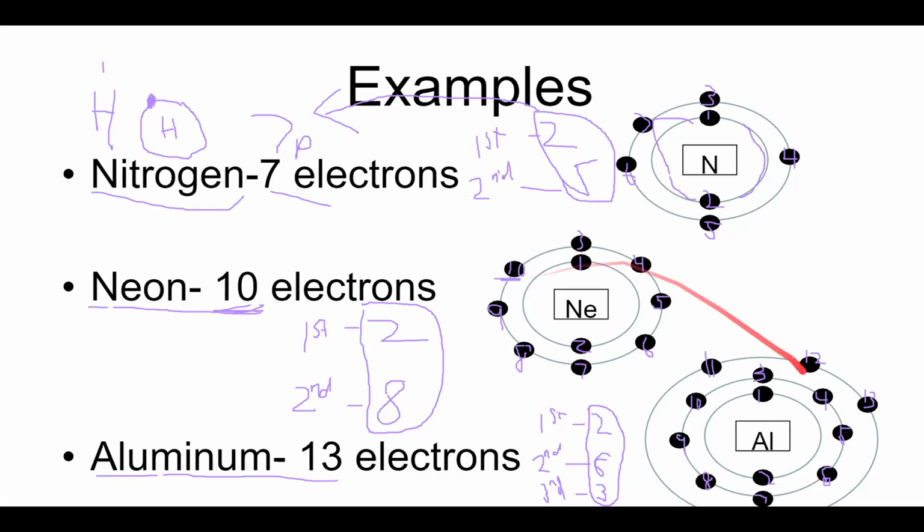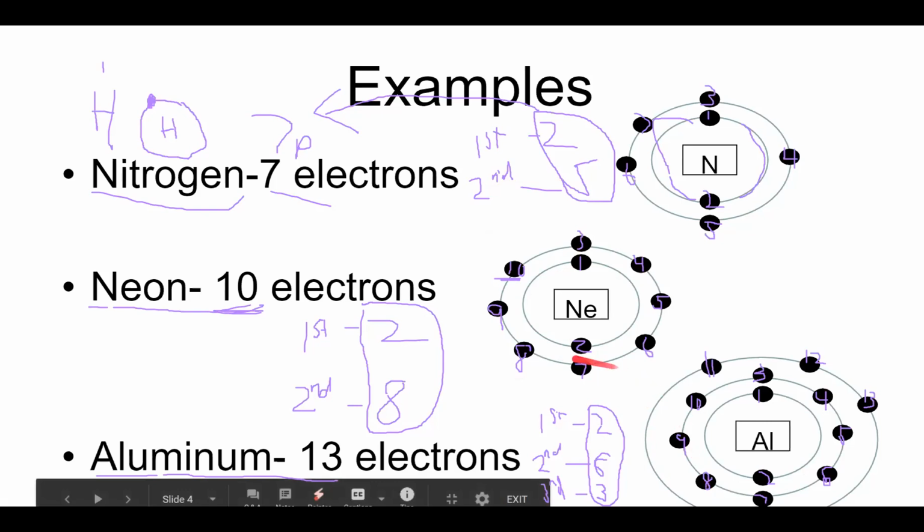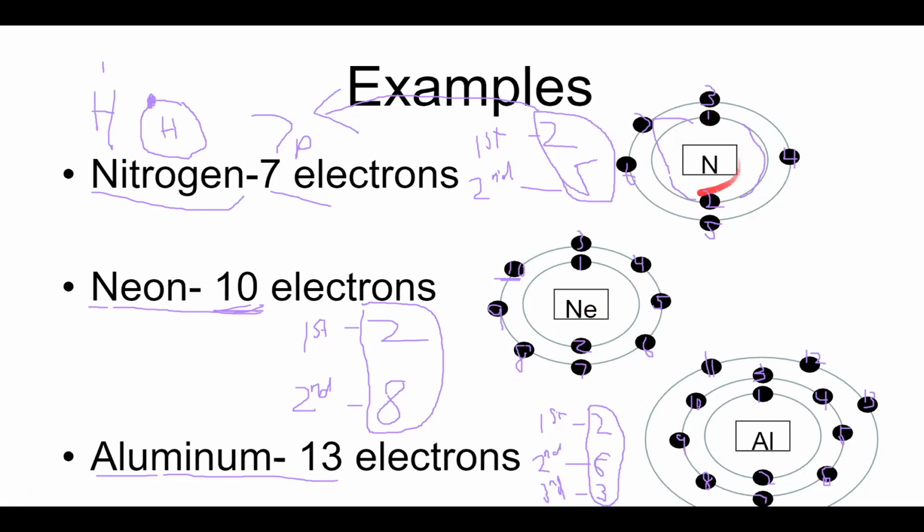So that's kind of what's going on here in neon and aluminum, or even in nitrogen, right? The smallest level, the first shell, gets filled up with 2. And once that happens, then we start filling up the second level. In neon, the second level gets filled up with 8, but we don't have any more electrons, so we don't have to go up to the third level.